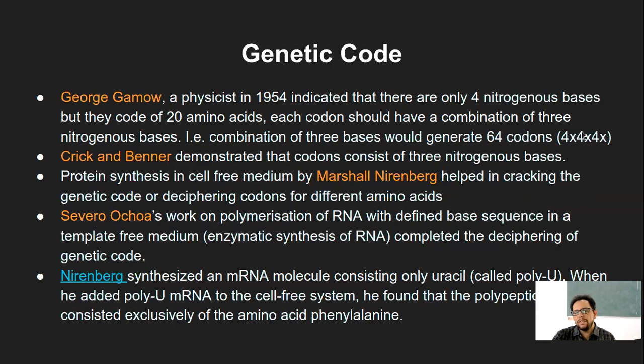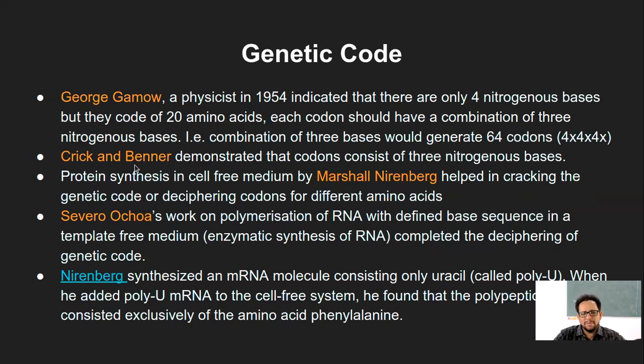That is 4 into 4, 16, into 4, 64. So it will generate 64 codons from these 4 bases, and all of these 64 together code for 20 amino acids. That was the first study, done by George Gamow.